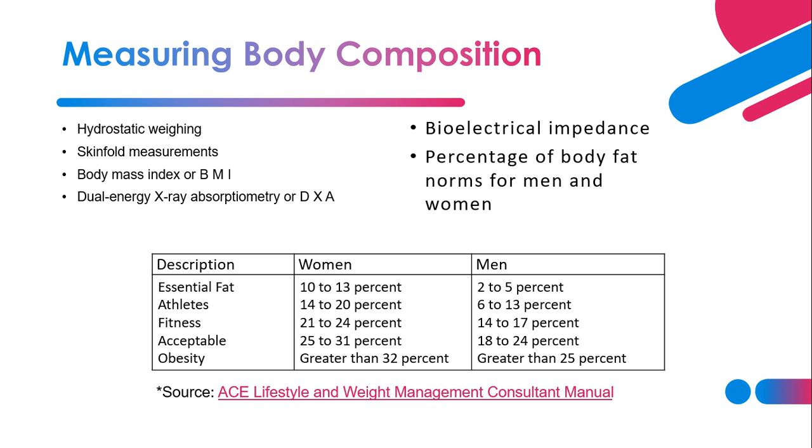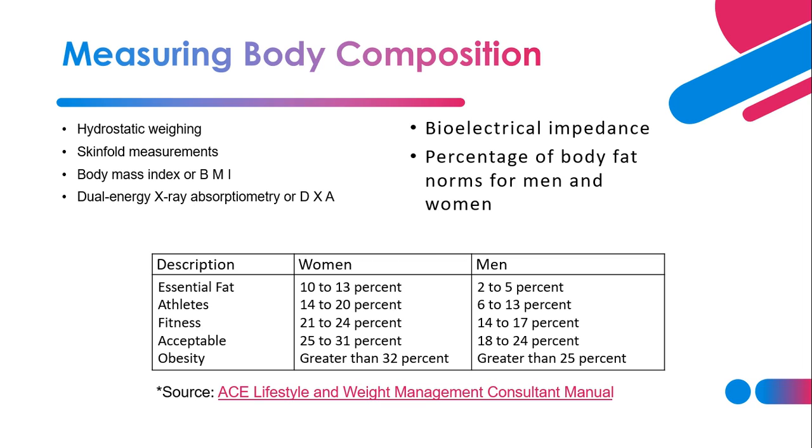DEXA is now considered the gold standard for measurement of body composition. Because it is extremely accurate, DEXA estimates of body composition can serve as a criterion by which other techniques such as skin folds can be compared.